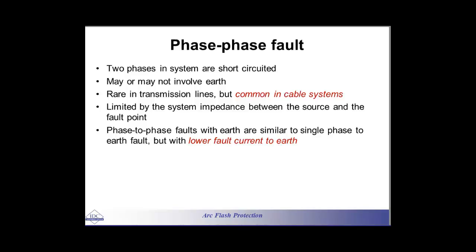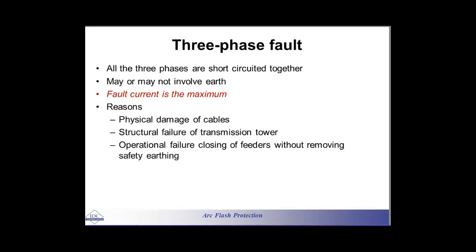Also, we have got phase-to-phase fault. It can be phase-to-phase or phase-to-phase to earth. So earth could be involved or not involved. This is very common in cable systems, and again you have got a current similar to that of single-phase to earth, but as it says in here, its amplitude is lower. And the worst case, what we normally consider, is the three-phase fault, which in theory causes the maximum fault current.